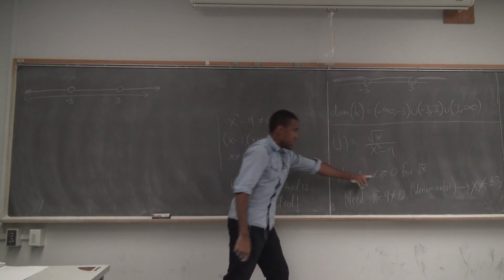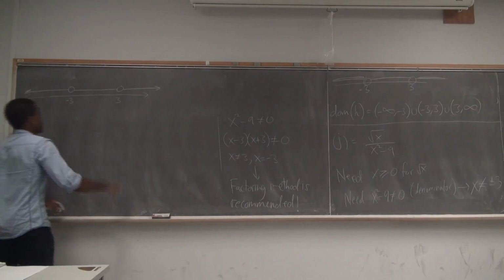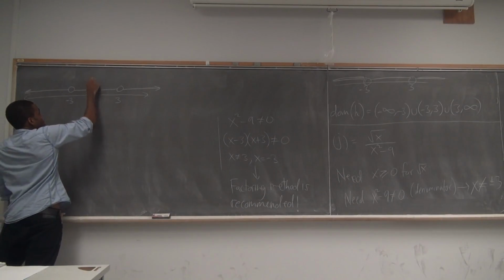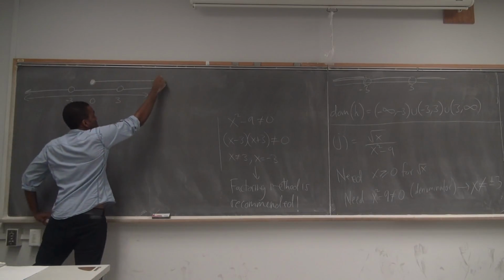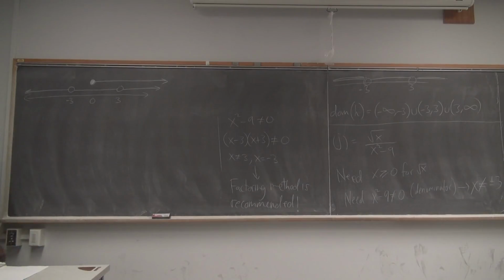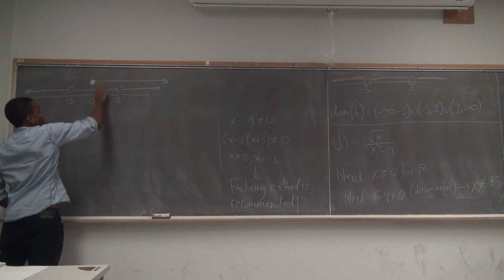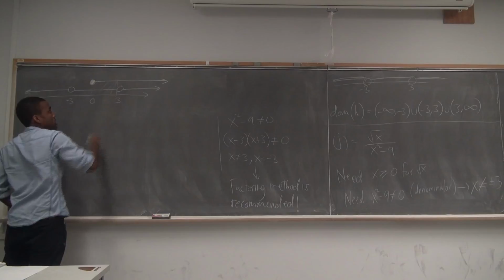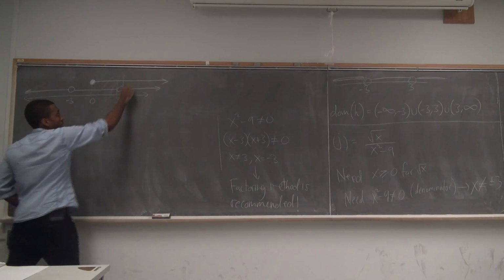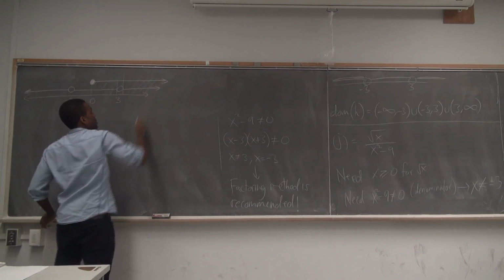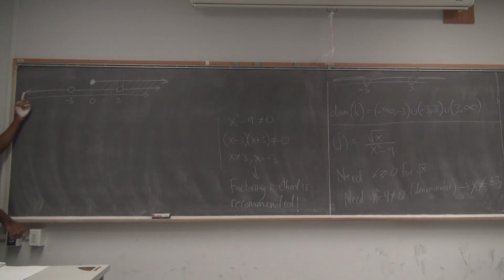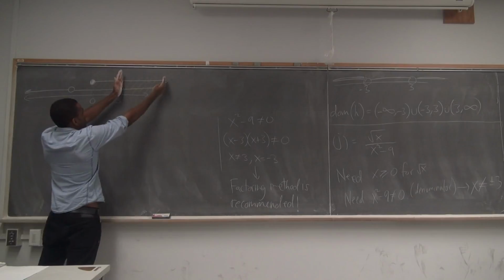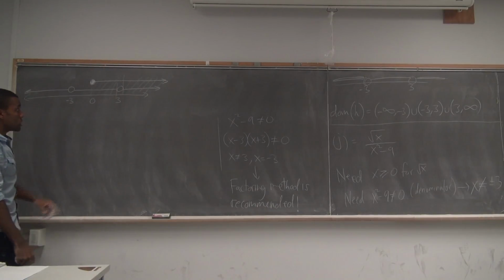But one other restriction is that I have to be greater than or equal to 0. So here's my 0. I can be at 0, or I can be bigger. So where does the overlap happen? We're overlapping here, we have to skip 3, and then we both overlap here. Over here, there's only one line, so only one of the functions will work, not both. Here, there are two lines, both functions work in that region. 3 has to be avoided for the second function.